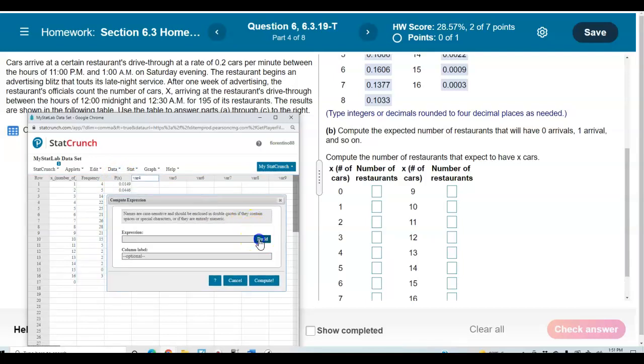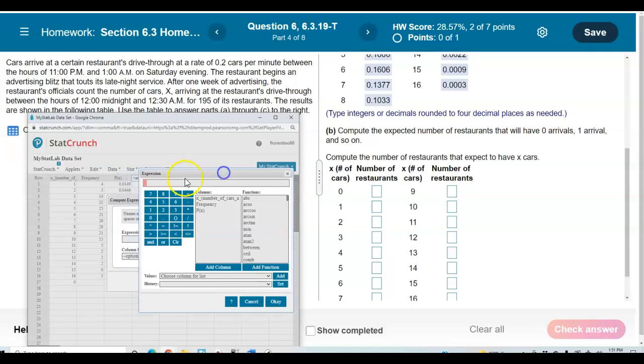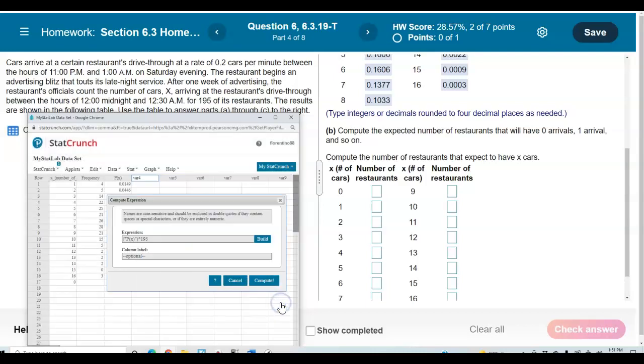When we build this expression, we're going to contain this in parentheses. So I'm going to have my left parenthesis, and then we're going to take each probability and multiply each of the probability by 195, and then it's going to generate a new column.